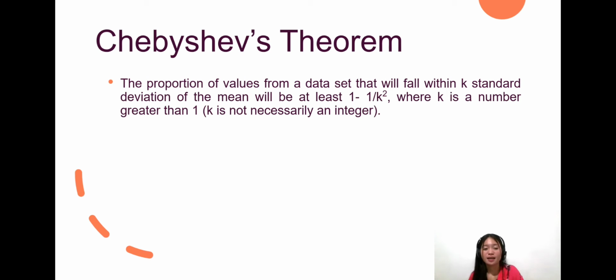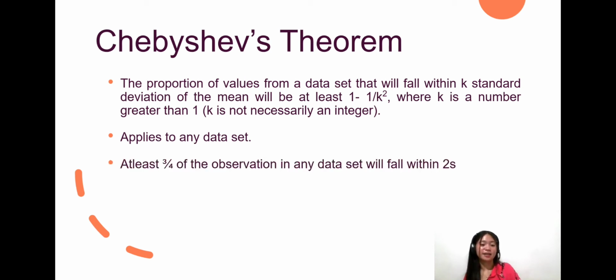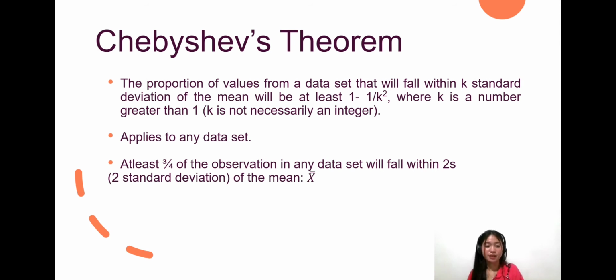K is not necessarily an integer. It applies to any data set. At least 3/4 of the observations in any data set will fall within 2 standard deviations of the mean.